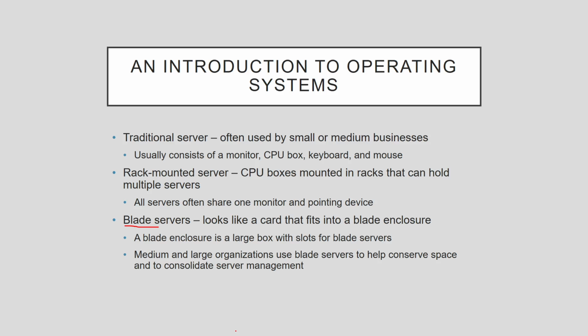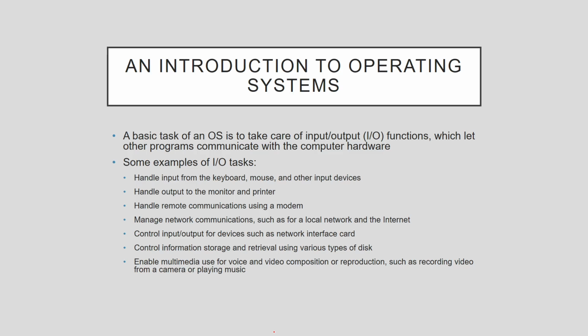Now, modern desktop and server operating systems are designed to enable network communications so that the operating systems can communicate with one another over a network through wireless communications and through the internet. Network communications enable sharing files, sharing printers, as well as sharing emails.